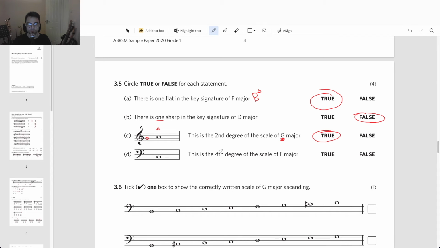Question D. This is the fourth degree of the scale of F major. Alright, so what note is this, first of all? We're in the bass clef.